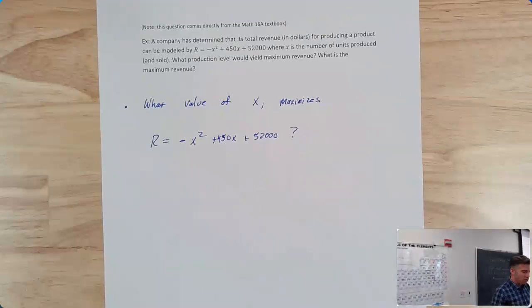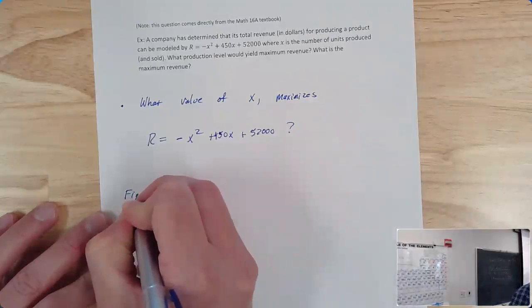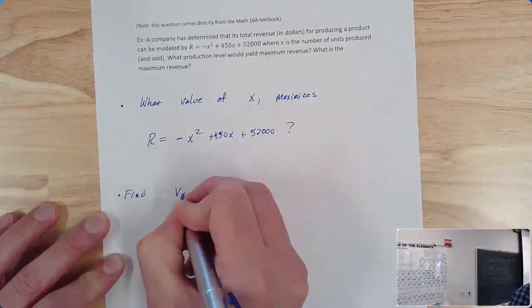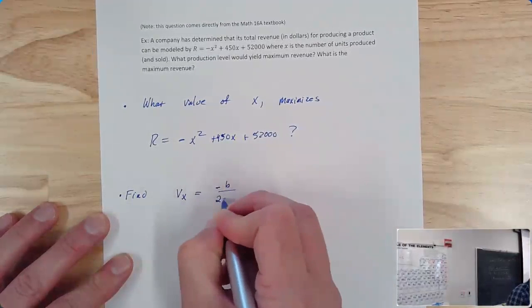All right, so we've got a downward opening parabola. We want to find the value of x that's going to maximize it. We're trying to find the x coordinate of the vertex. So we want to find v sub x, which in this case is going to be, well, it's always going to be negative b over 2a.